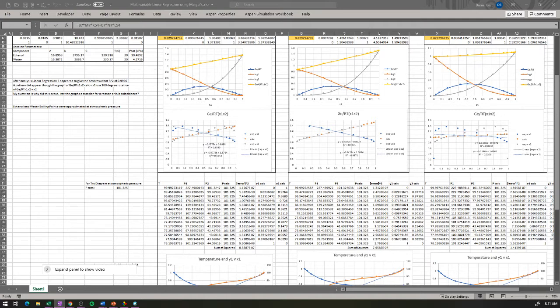Okay, and so I can just plug this in and know that if I had the sum of the y sub i's, so let's just say I'm trying to find what P total is, this is equal to the sum of the x sub i's P sat.